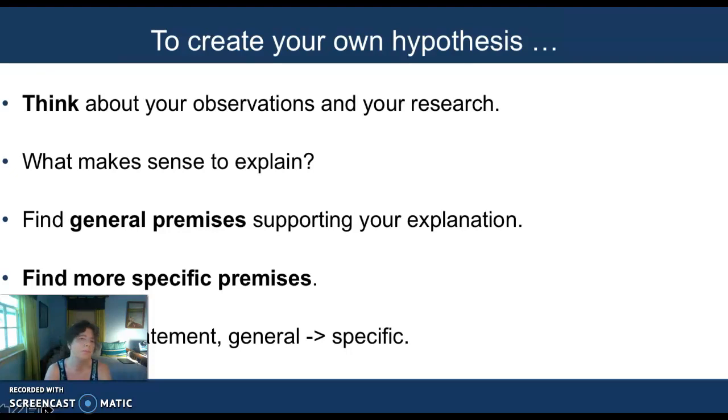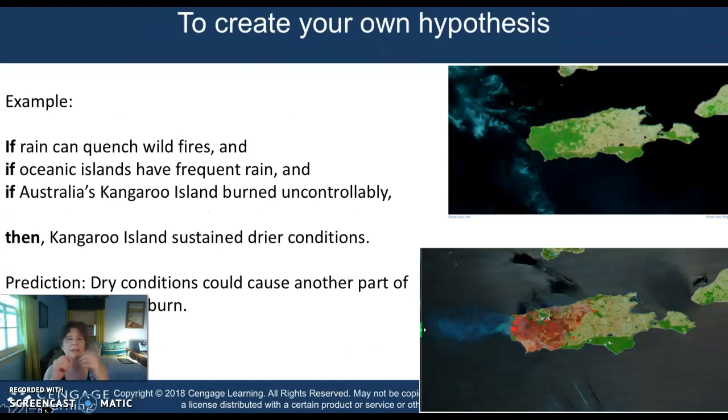It's a pretty big premise, right? It doesn't have to be big and specific. I have research that shows me that water quenches fire. Then you get very, very specific about it, and we'll go into how that comes about in a second. For instance, my hypothesis here could be, if rain can quench wildfires, yeah. And if oceanic islands have frequent rain, yeah.